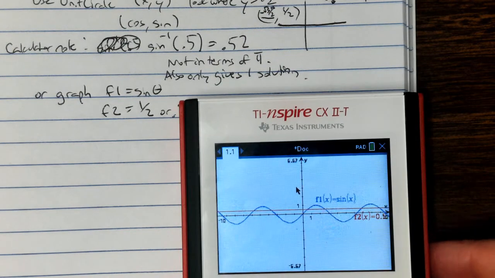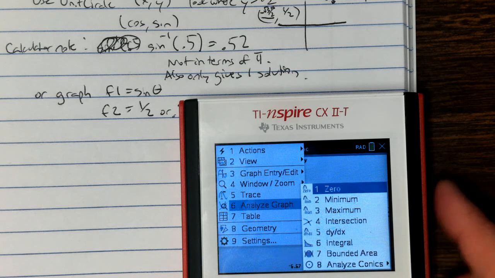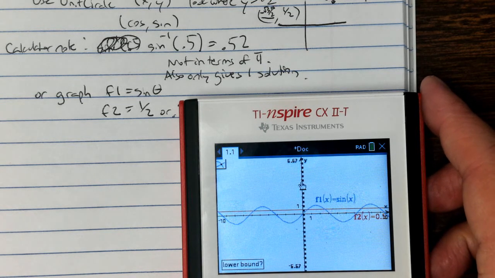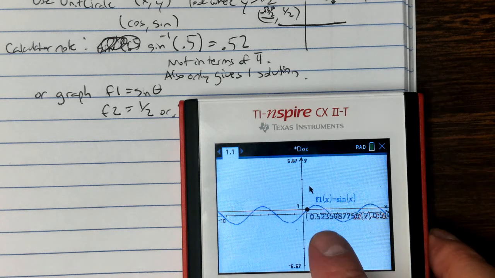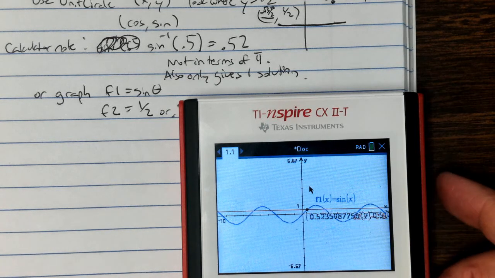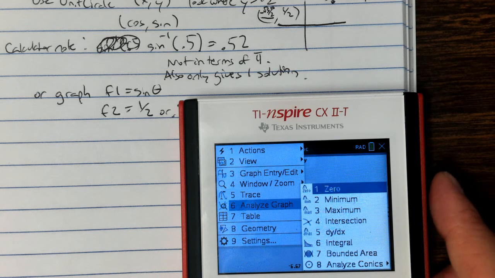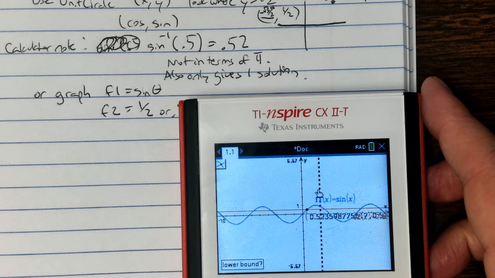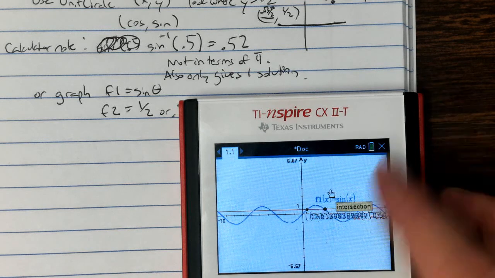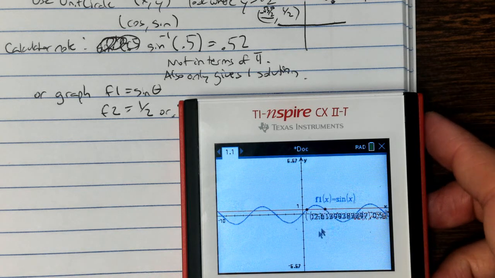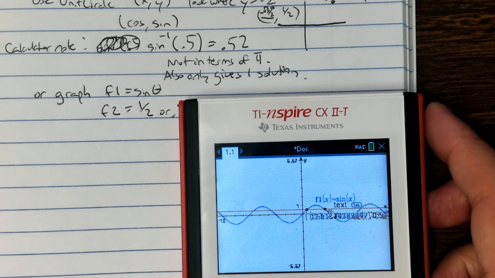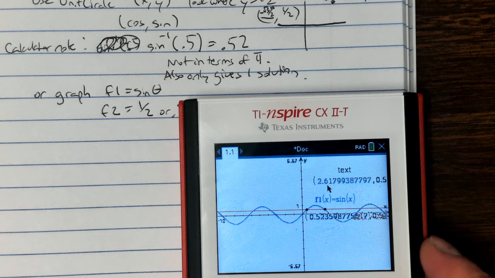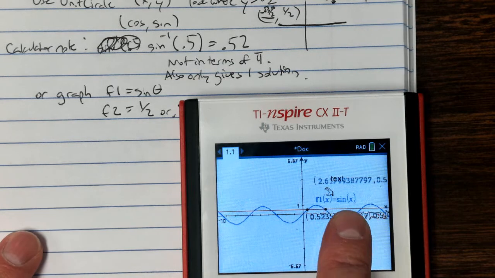So you could go to Menu, Analyze, Intersect, and between here and here, that's your 0.52. And Menu, Analyze, Intersect, between here and here, that's your 2.62 basically.